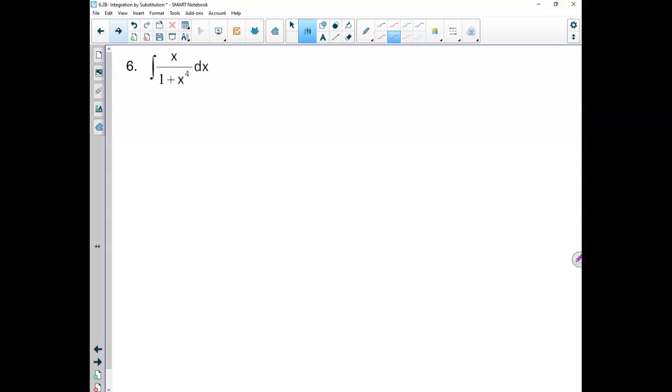Well, this next one, if you're thinking natural log, what is the derivative of 1 plus x to the fourth? That's going to be 4x to the third. And is my x to the third part of the derivative around in my function? It's not, because that's an x to the first. That's kind of throwing the natural log out of the mix for me.